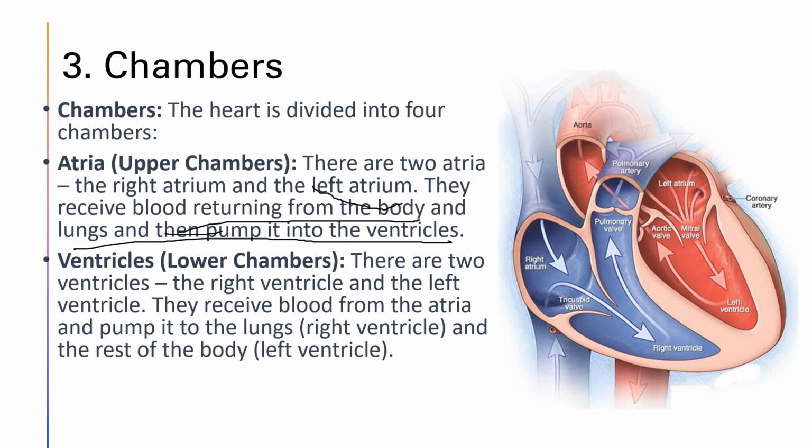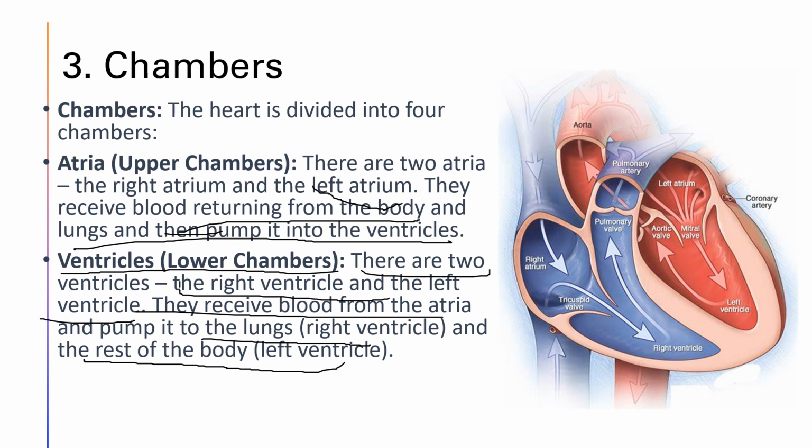Ventricles are the lower chambers. They receive blood from the atria and pump it to the lungs, the right ventricle, and to the rest of the body, the left ventricle.